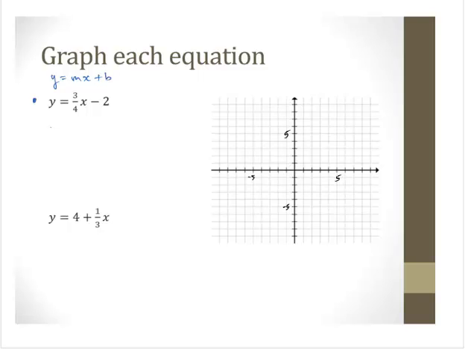So I can immediately identify that the slope of this line is 3/4, and that the vertical intercept, the y-intercept, is the ordered pair 0, -2.